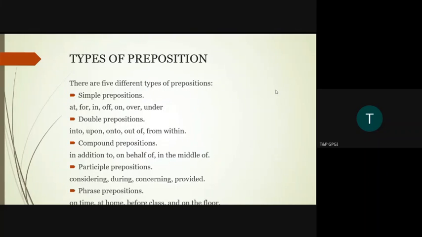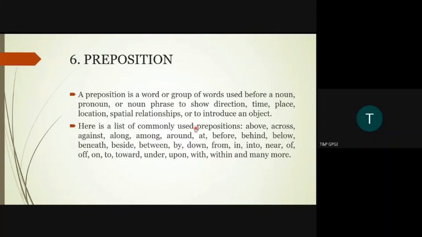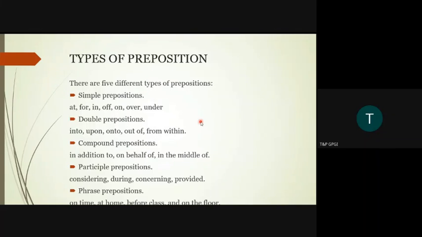So right now I've given you so many examples of prepositions, and they are differentiated into different categories or types. So the first type is simple preposition, second is double preposition, third is compound preposition, fourth is participle preposition, and fifth is phrase preposition. Okay.